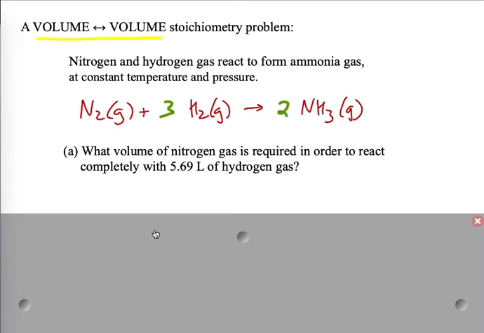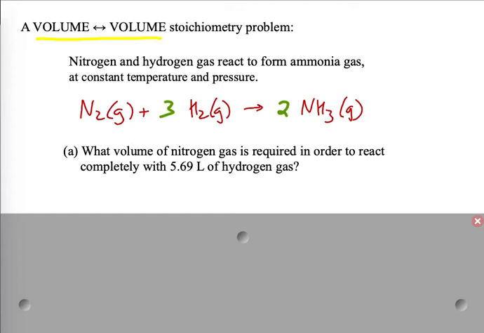Now, we have from our balanced equation the mole ratios. For every 1 mole of nitrogen, we need 3 moles of hydrogen, and we expect to get 2 moles of ammonia. We learned that the coefficients of the balanced equation tell us the relative number of moles of reactants and products. But here, we're given volume, not moles.